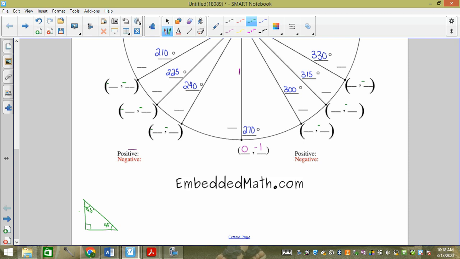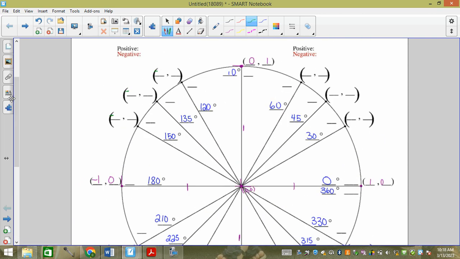That's why your coordinates at 45s have the exact same x's and y's. They're root 2 over 2. So I go to my 45s and I say, cool, root 2 over 2, root 2 over 2, root 2 over 2, root 2 over 2.